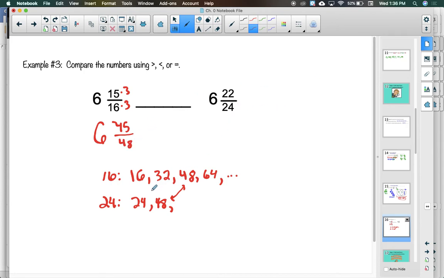And 24, I can multiply that by 1, 2 to get 48. And I get 6 and 44 48ths. And now I can compare my two mixed numbers. 44 is smaller than 45, so that's a less than sign that I'm going to put there.